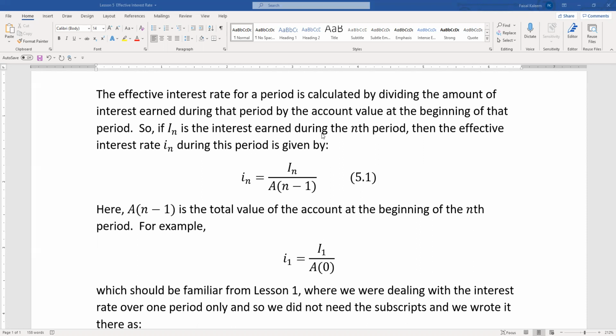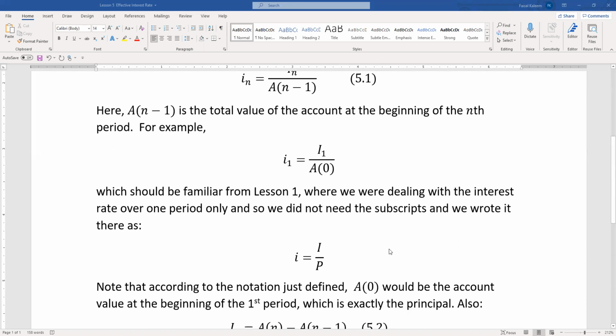Remember, A(n-1) is the accumulated value at the beginning of the nth period. So A(0) is nothing but the principal, because at the beginning of the first year your account hasn't yet earned any interest, and so the account value at that time is the principal.